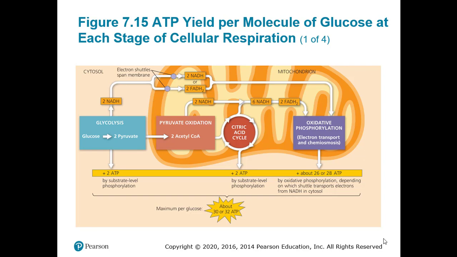Most books that I have seen, in older books, will say 30 to 32. So when you add those all up together, your book is saying 30 to 32 ATP. Again, typically books will tell you the magic number is 36. So just realize if you happen to see a test question that I pulled from a different test bank and it says 36, there's a range, okay?